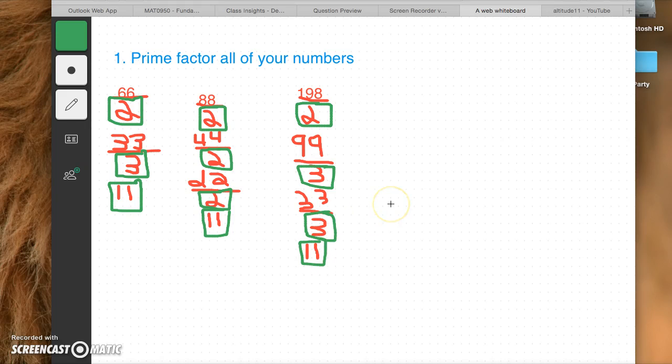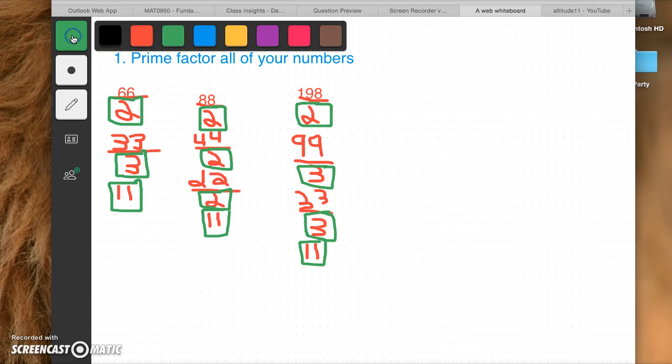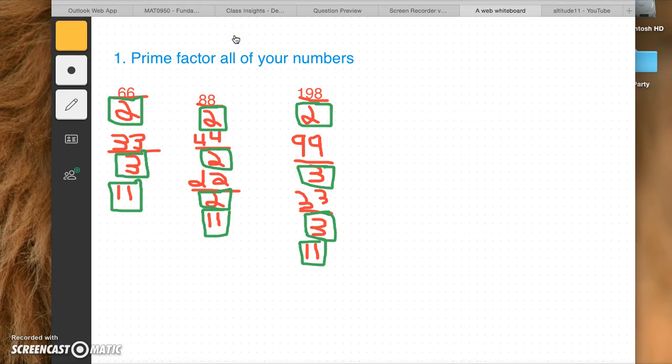Okay, so if that wasn't enough work, we still have one more step that we need to do. To now find your GCF, you're going to need to find the product, meaning multiply, of any common prime factors in all of your numbers. So we'll use yellow here. So basically, you want to find triplets.